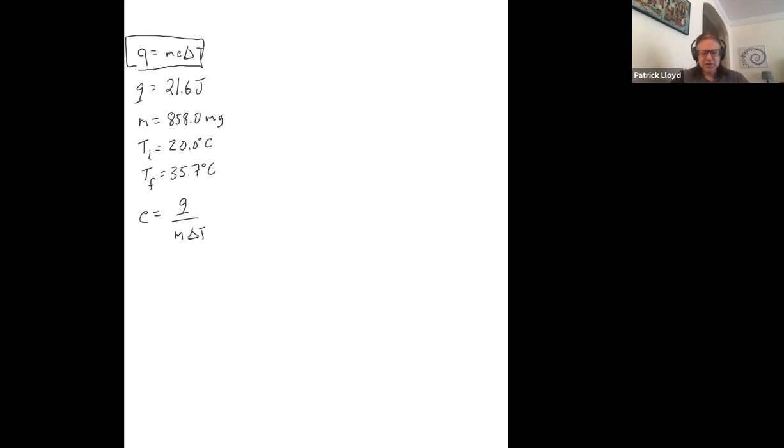In this particular problem, because generally the specific heat has the units of joules per gram degrees C, I'm going to go ahead and calculate the mass in grams. So let's calculate the mass in grams to begin with. There's different ways you can do that.